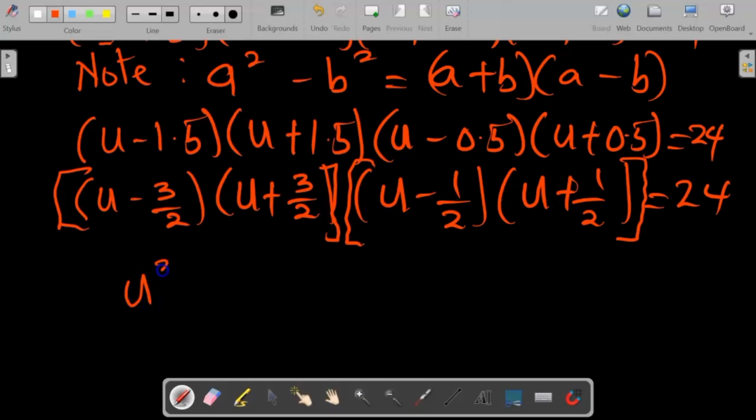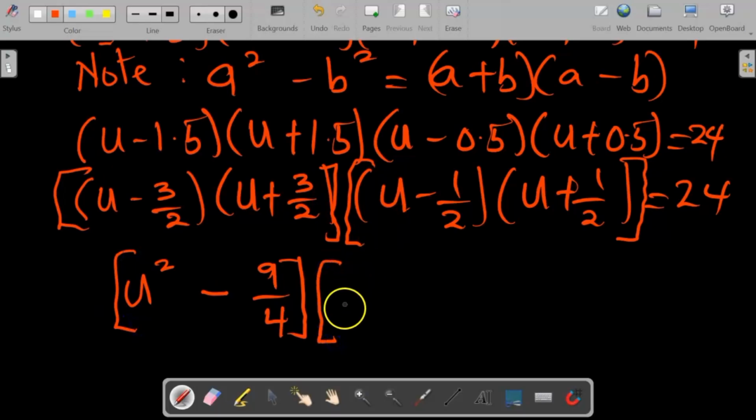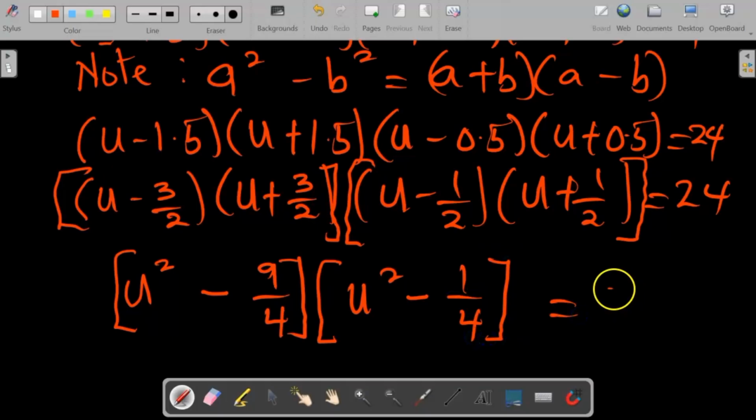So we have (u squared minus 3 times 3, 9 over 4), then (u squared minus 1/4). Everything is equal to 24.